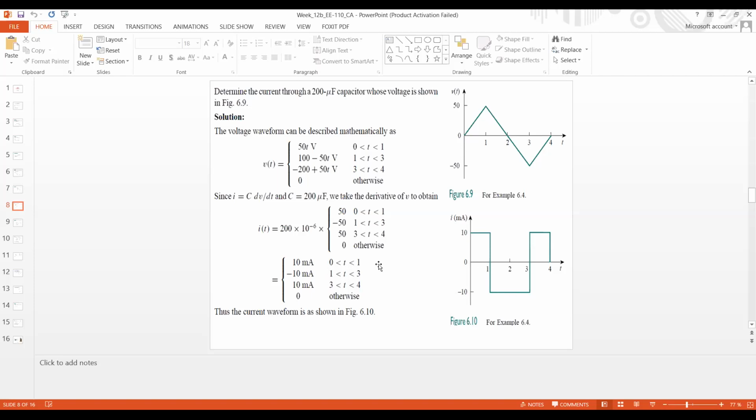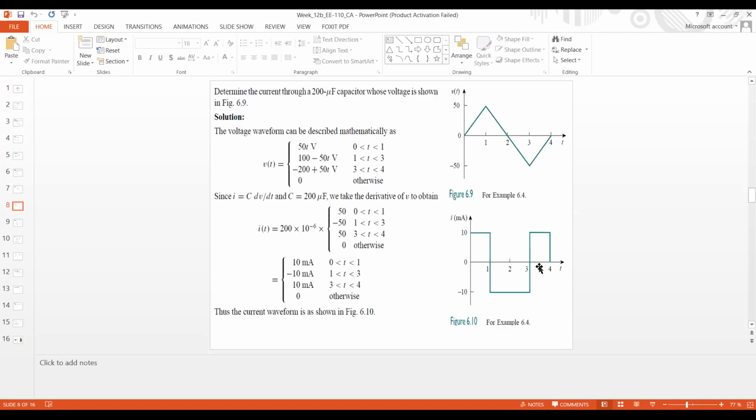So for interval 0 to 1, the value of current is 10 milliampere. So I drew a horizontal line with magnitude 10 milliampere, and from interval 1 to 3, the horizontal line will be below the time axis with magnitude minus 10, and from interval 3 to 4, it will again be a horizontal line parallel to the x-axis with magnitude of 10 milliampere.